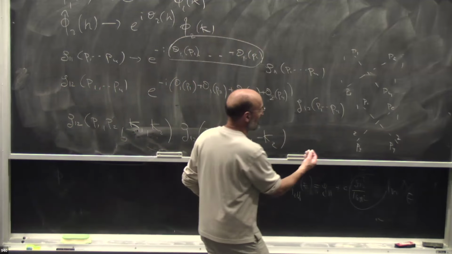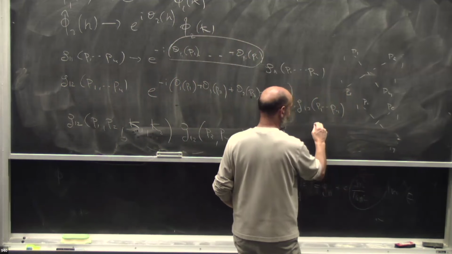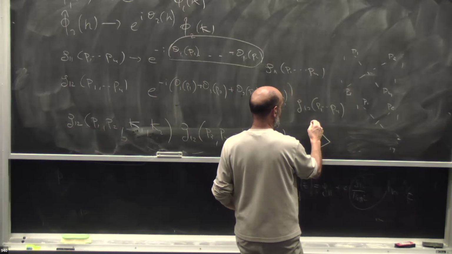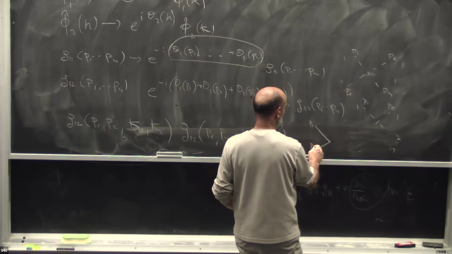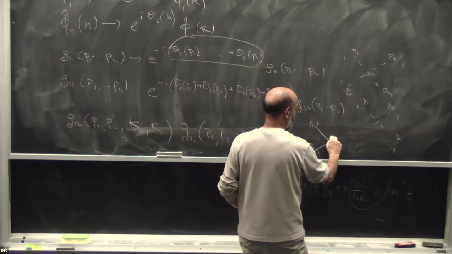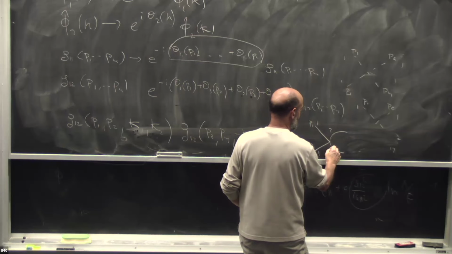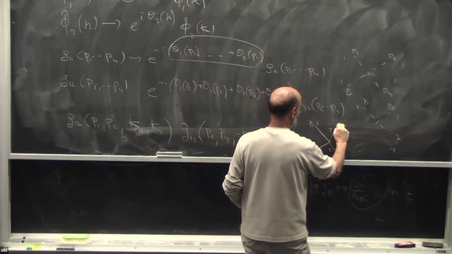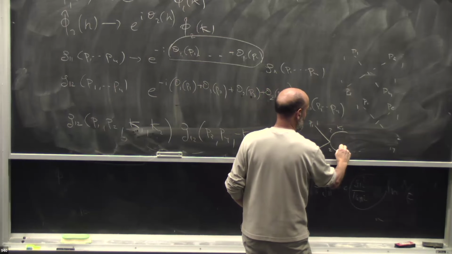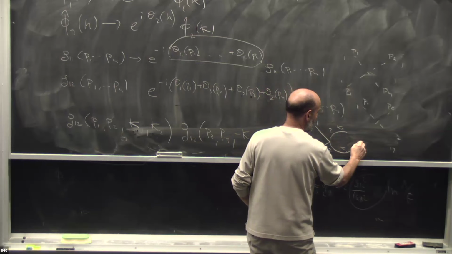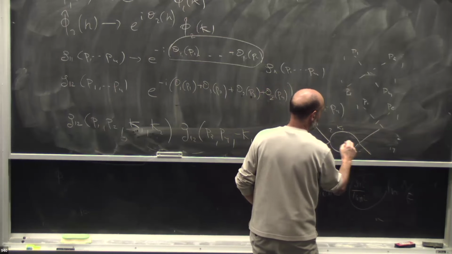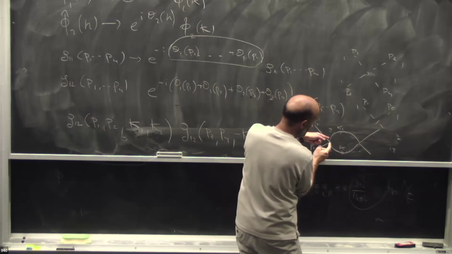And if you want, this is precisely what happens in the diagram. In the diagram, let's say you have P1 and P2, 1 legs, which go into 2 legs with momenta, let's say K1 and K2, the 2 particles, that again get back here. So here it's K1 and K2 going out.